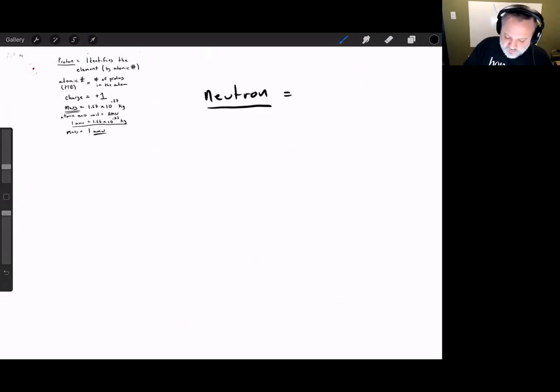The neutron. And here's a vocabulary word, and I'm not going to define it just yet, but I'm going to underline it.